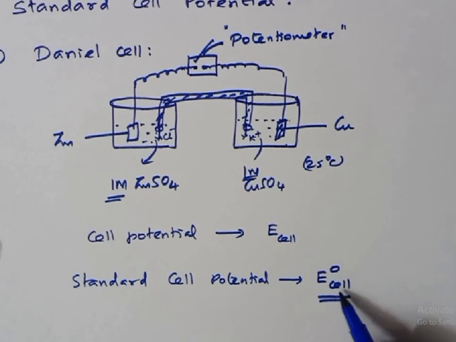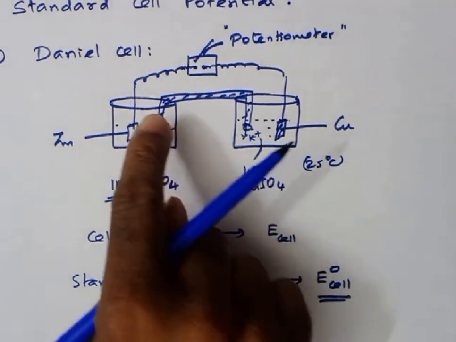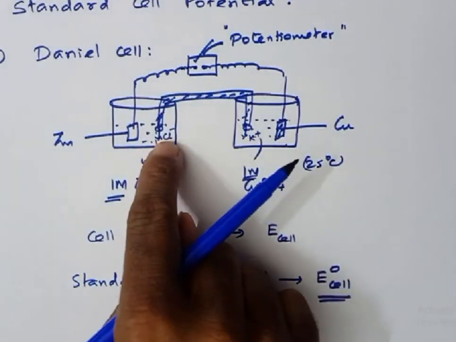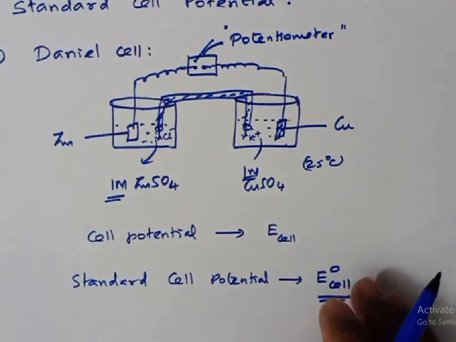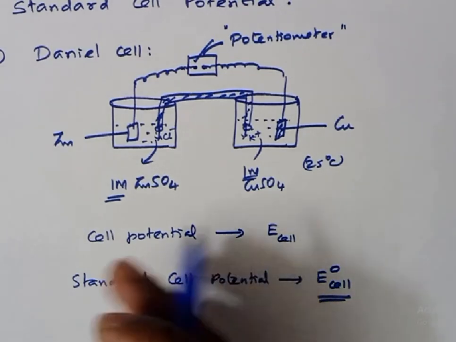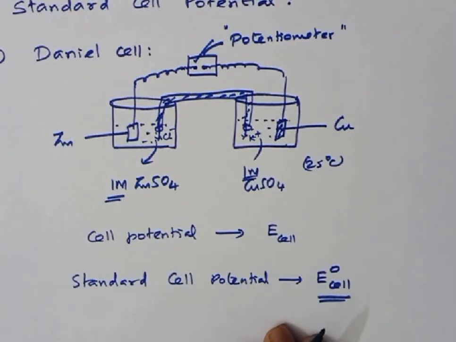Cell means cell and E represents potential, so standard cell potential, right? This is how we represent standard cell potential. Now students, every time we cannot write cell like this, and we cannot write standard cell potential like this, right?